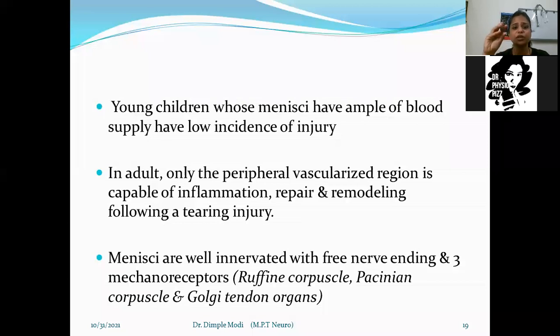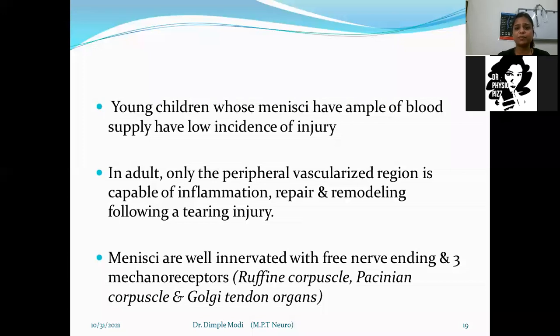The central portion of the menisci is avascular, while the peripheral portion is vascularized. So the menisci are able to undergo repair, inflammation, or remodeling mostly in the peripheral area. The central portion is generally avascular.